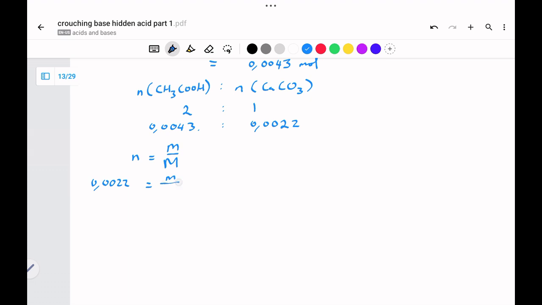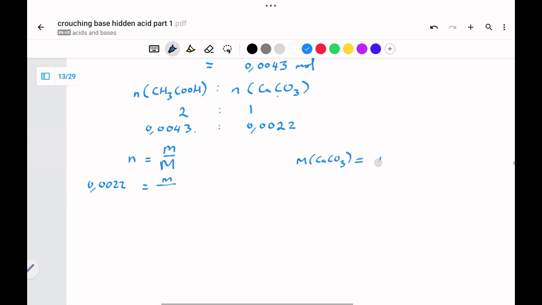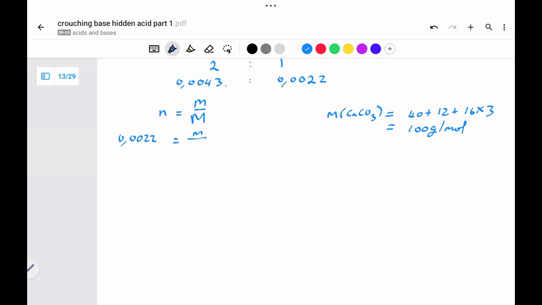Now this is the molar mass of calcium carbonate. So let's find this. Okay, 100 grams per mole.